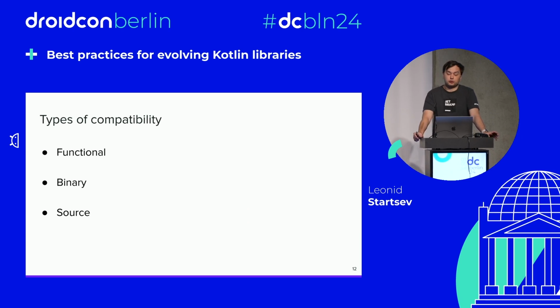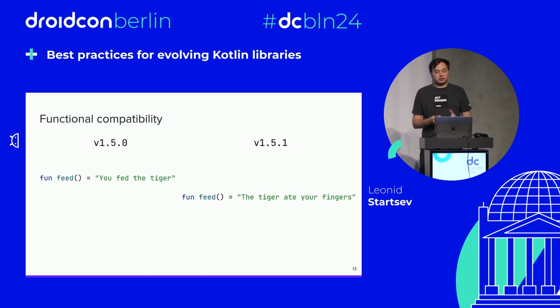And there are several types of it, namely functional, binary, and source compatibilities. They're all slightly different. Functional compatibility is when you change or don't change the behavior of a function.